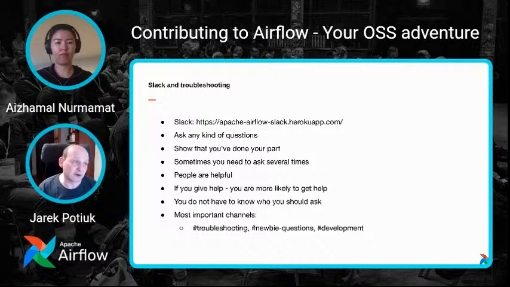You can ask any kind of questions, but the important thing is that you have to show that you've done your part. When you describe your issues, describe them to a level that is enough for us to take action, so we don't have to ask many additional questions.